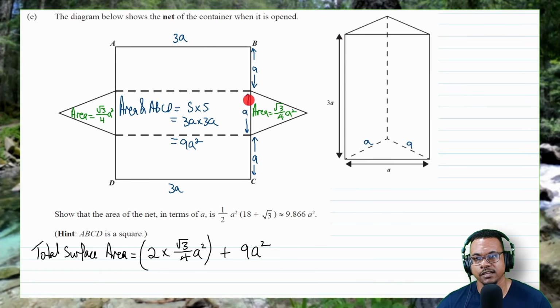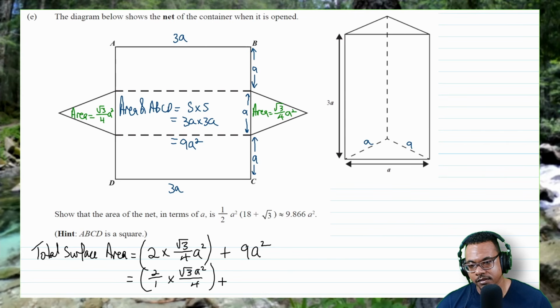So what I could do is write this 2 over 1 multiplied by, I could put the a squared back on top in the numerator and have square root of 3a squared over 4, plus 9a squared. And what will happen here is that this 2 can cancel: 2 into 2 is 1, and 2 into 4 is 2. So if you multiply across, 1 times square root of 3a squared, and 1 times 2 is 2.